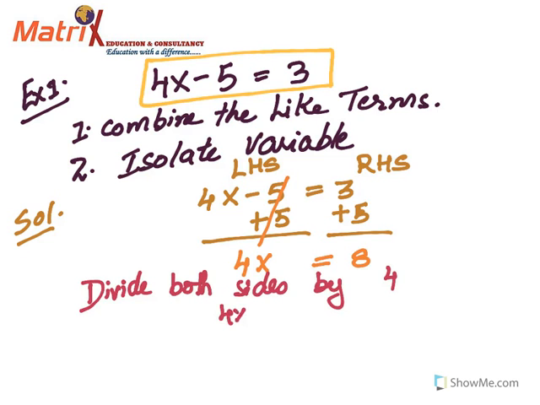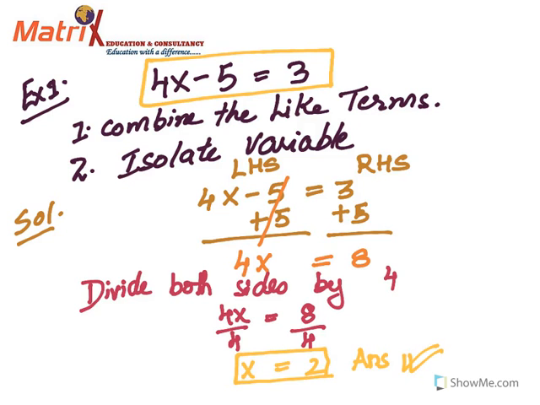So 4x divided by 4 and 8 divided by 4. What do we get here? We get x equal to 2, because 4 and 4 will get cancelled, and that's my answer. The value of x is 2.